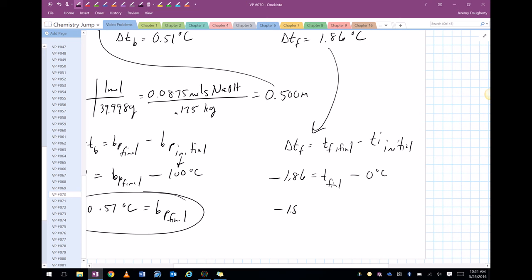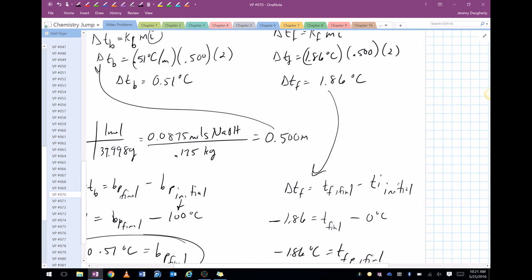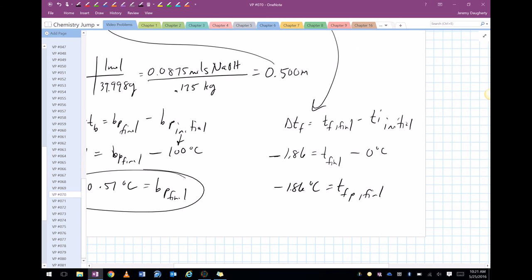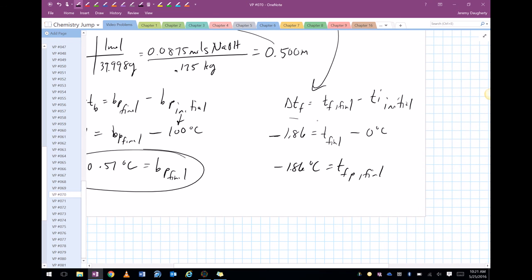So negative 1.86 degrees Celsius is the freezing point final. Okay. So this value, this change in freezing point, we know it's going to drop by 1.86, so that's why I made it a negative. If you wanted to, you can go back and adjust this to look like that, and you're going to end up with the same value.